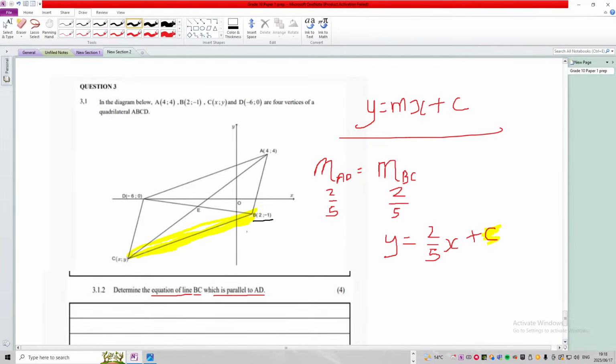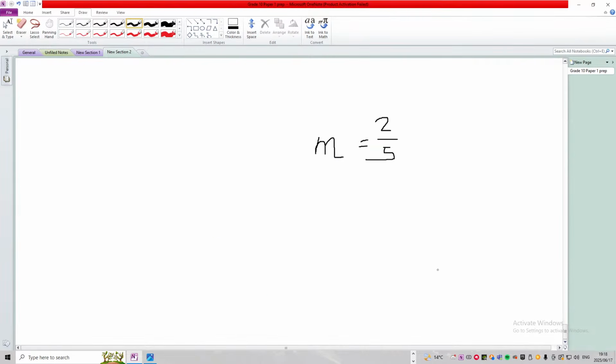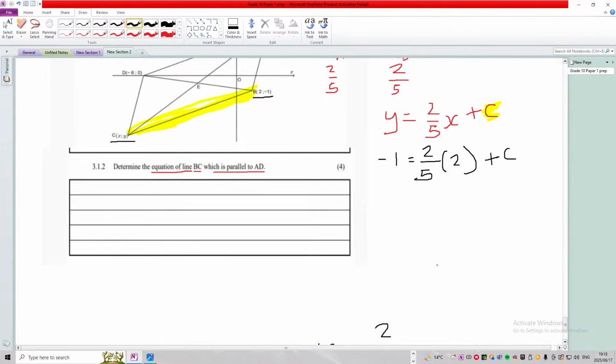Any of the points, either this point B or this point C, but I don't have the point C, so I have to substitute point B. So we have y equals minus 1, equals 2 over 5, x is 2, plus c. Okay, that's my equation to try to find c. So then I have minus 1 equals 4 over 5 plus c.